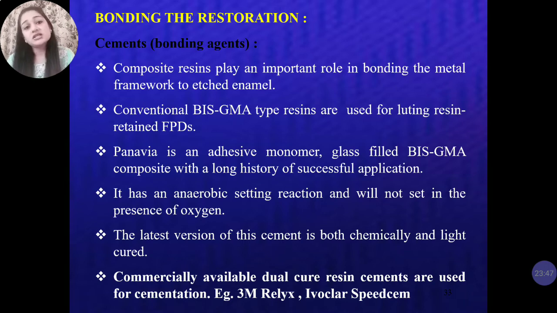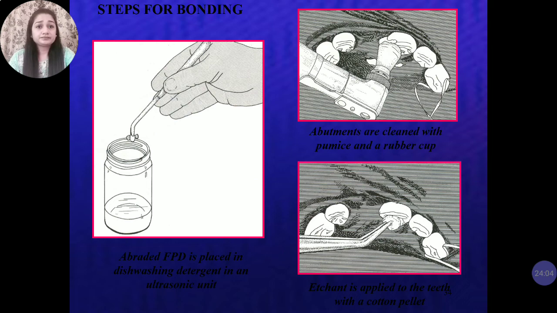The other commercially available dual cure resin cements are from 3M we have Rely X, from Ivoclar we have SpeedCEM. But Panavia is one of the benchmarks and one of the resin cements which has been used since the past.